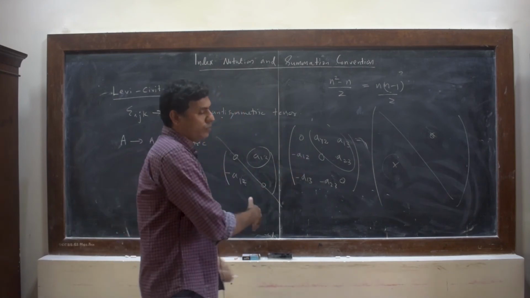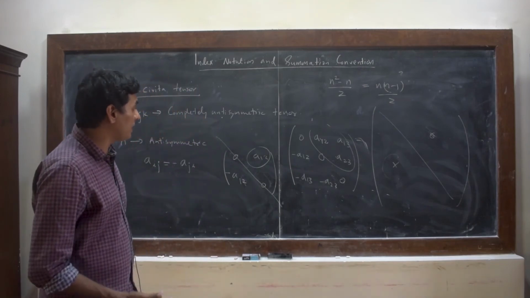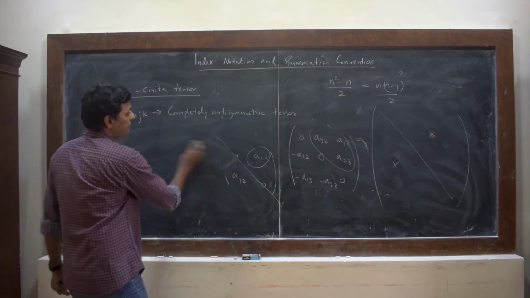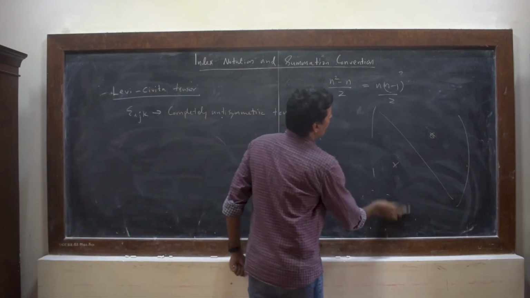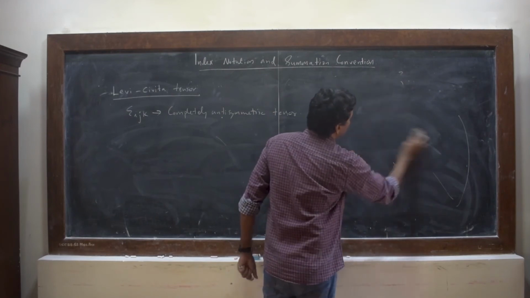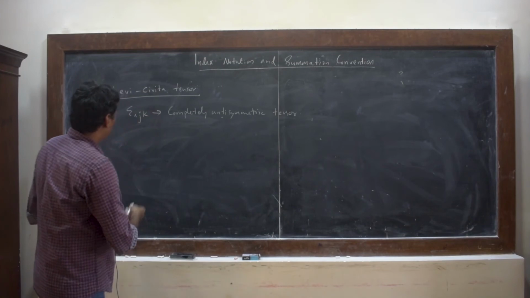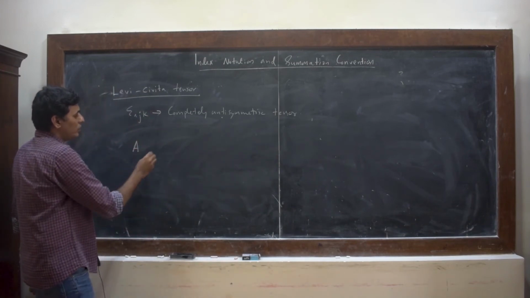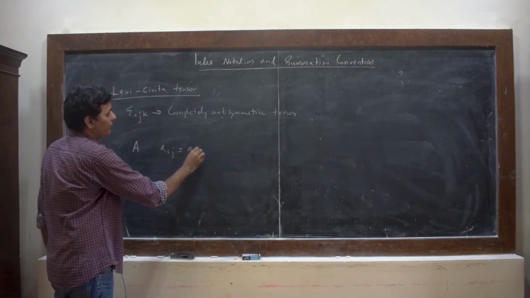Okay. And now for the sake of completeness, let me count the number of elements in a symmetric matrix. What do you mean by a symmetric matrix? Suppose you have a matrix A whose elements satisfy Aij is equal to Aji.